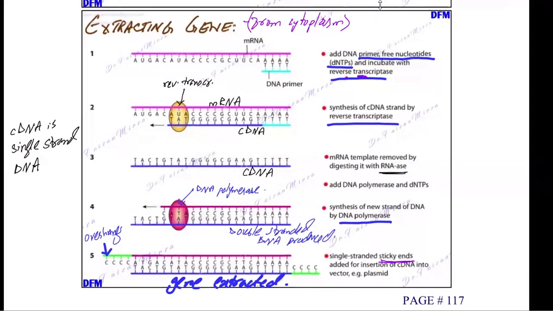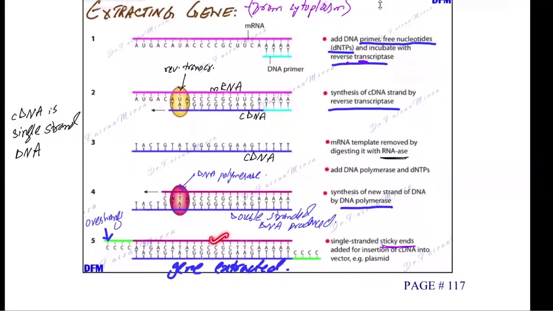So by the end of this process, you end up having two strands of DNA. A double-stranded DNA is being produced. This double-stranded DNA is your gene. So you actually have produced the gene, you have extracted the gene using the codes from mRNA from the cytoplasm of a cell.